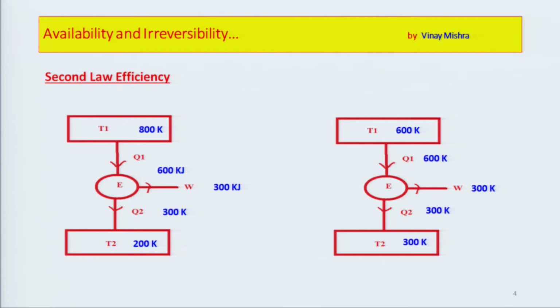The second one is a sink at temperature T2, which also works as a reservoir, because we assume its temperature remains constant even if heat Q2 is continuously added to it. So, this one is also used as a reservoir.